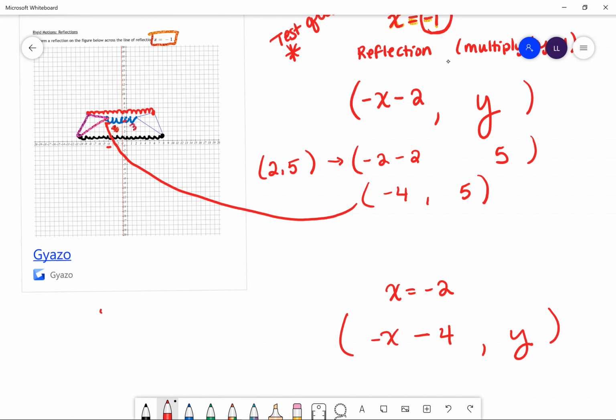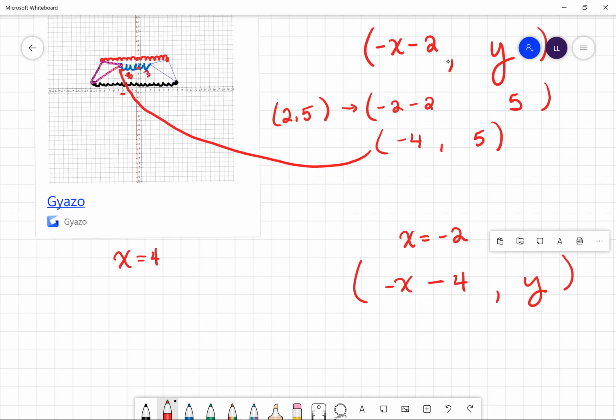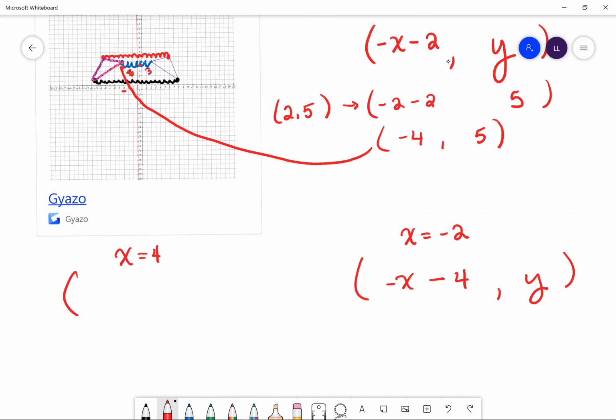Let's say we reflected over x equals 4. Again, the y coordinate wouldn't change, but the distance would be 8. It was still reflected, but instead of moving to the left, it moved to the right. So it would be a positive 8 because it's twice 4.